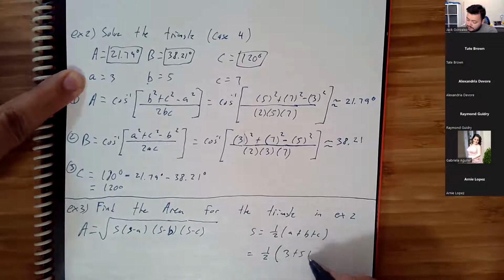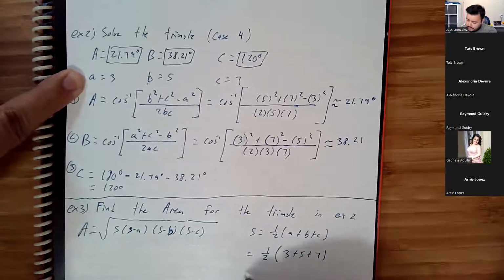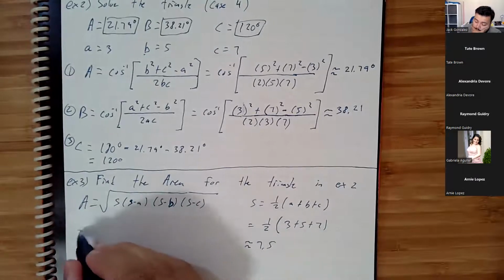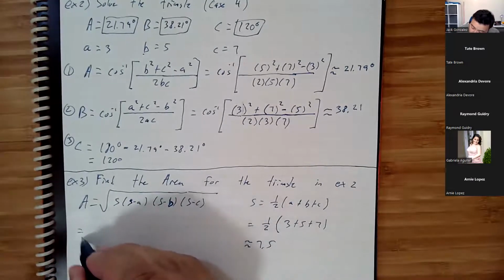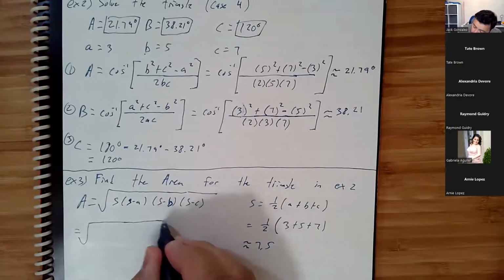Three plus 5 plus 7, which is about 7.5, right? So 7.5 is your S.